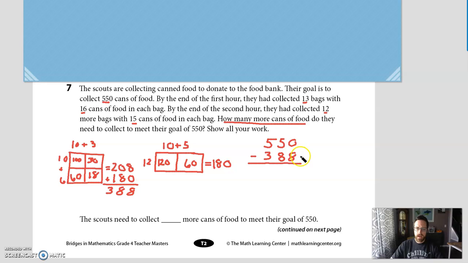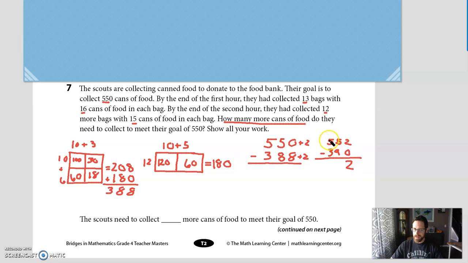And in this case, I'm going to give to here and give to here, so then I end up with 552 minus 390 to subtract. So then 2 minus 0 is 2.